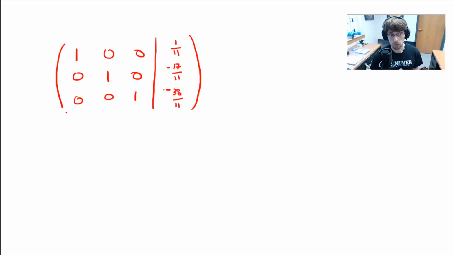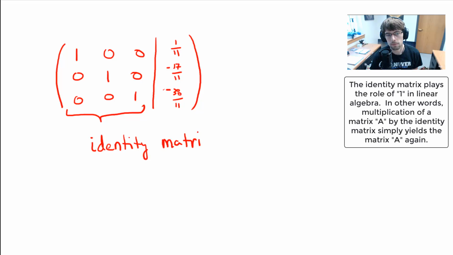I will also point out, secondly, this matrix where you have ones on the diagonal and zeros everywhere else, that is a special kind of matrix called the identity matrix. And usually it's given the variable I. I usually try to put a double hatch in there just to remind myself that it's special. Okay. So the identity matrix is a square matrix where there are ones on the diagonal and zeros everywhere else.